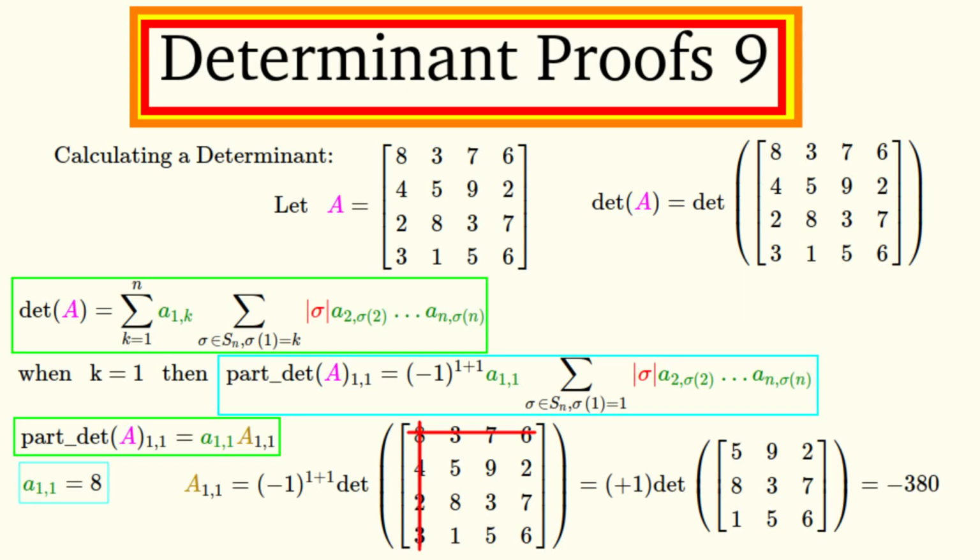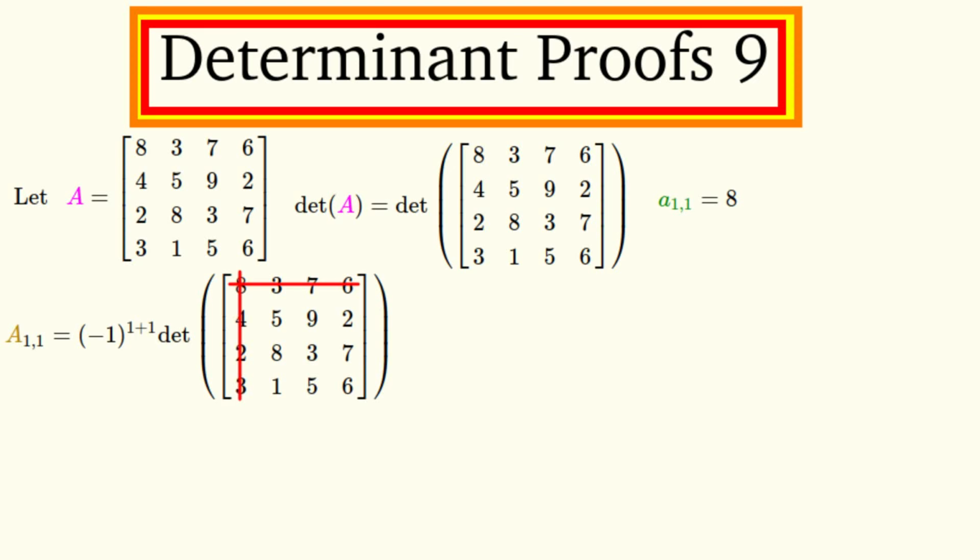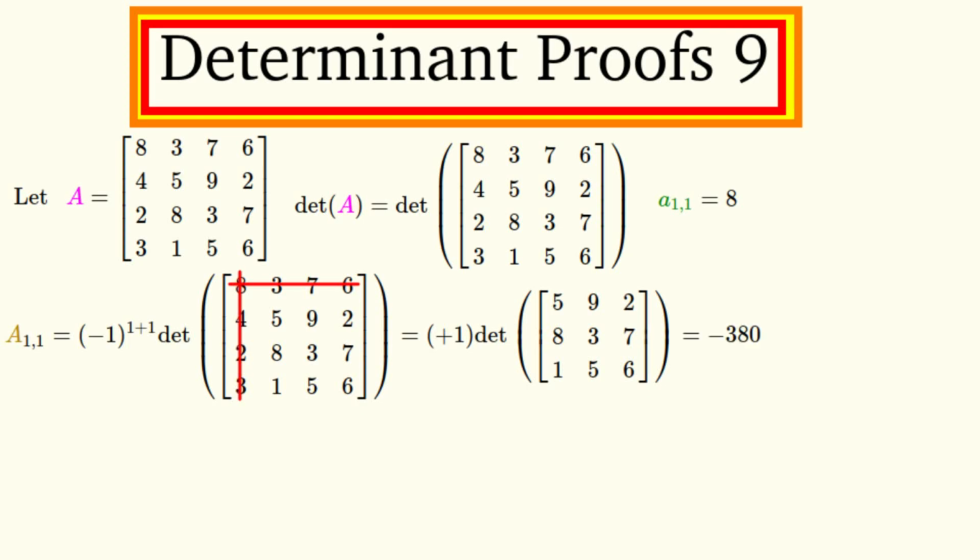And so the cofactor of the first entry is minus 380. So I'll try to calculate this determinant again using cofactors. I've copied the first entry on this page. And this is what the cofactor of the first entry is. And this is what it is with the given row and column removed. This is what the cofactor is. It's a number. So now we'll use this cofactor to find the determinant of A.